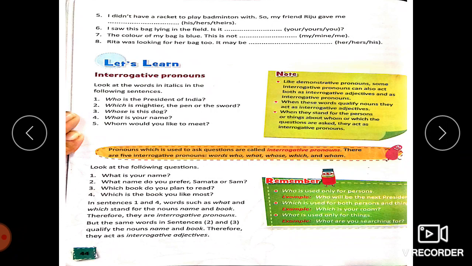Just like the word of possession qualifies the noun, and so it is called a possessive adjective, the same trick also works for interrogative adjectives. Whenever you find some noun used right after the word of interrogation, you can blindly take it as an interrogative adjective.